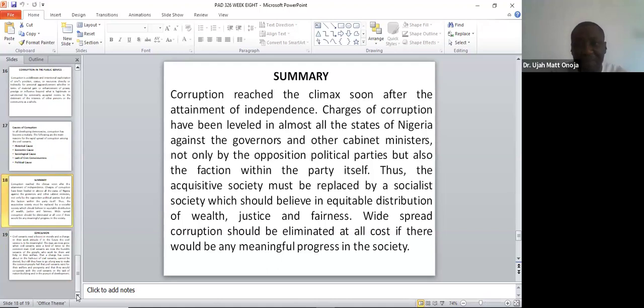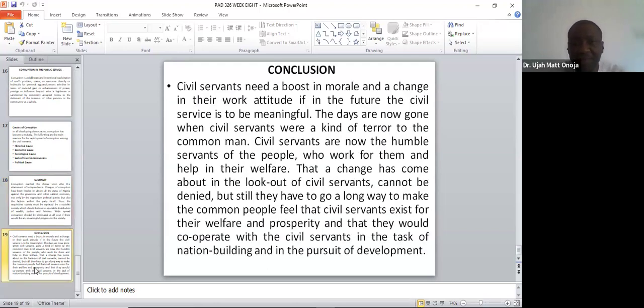So corruption is a bane to development, and the needed approach must be taken to guard against corruption. And like we have seen before now, the issue of morale should be taken seriously to guarantee an effective system. In conclusion, civil servants need a boost in morale and a change in their work attitude if in the future the civil service is to be meaningful.